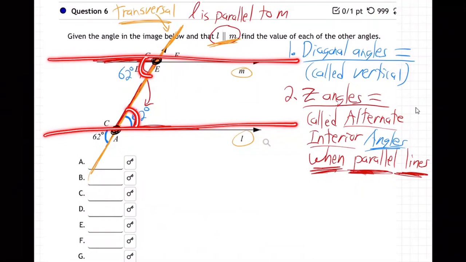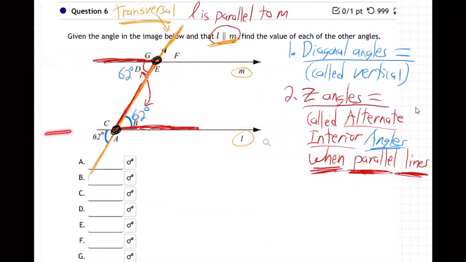See why they're called interior? They're inside as opposed to outside. They're not out here and out here. Like A, let me draw it again. F and A, those would be exterior, or G or the 62. Those are exterior angles, outside of the parallel lines. We're talking about B and D, which are interior angles.